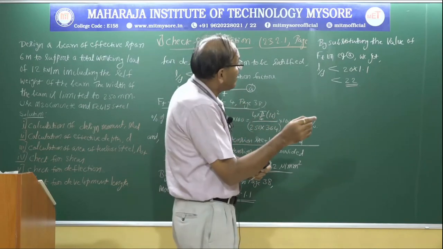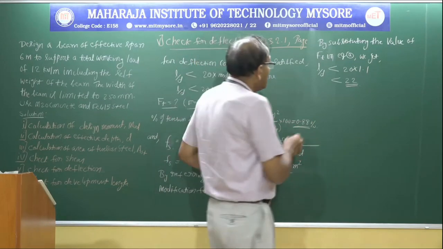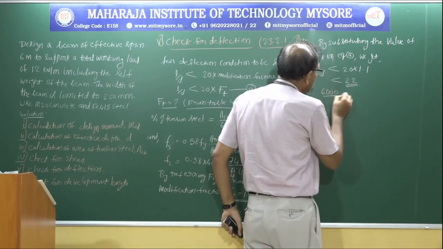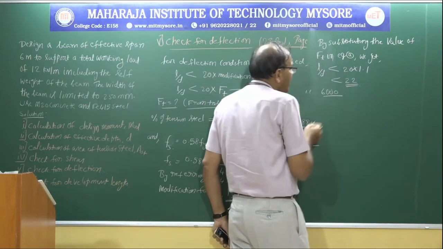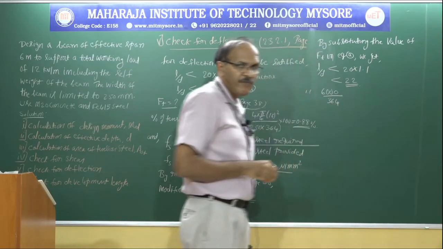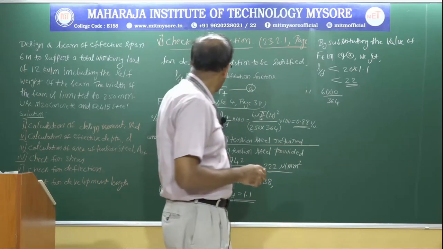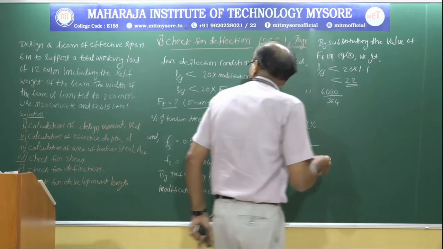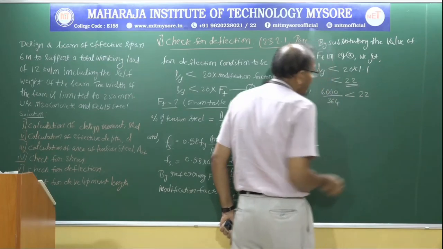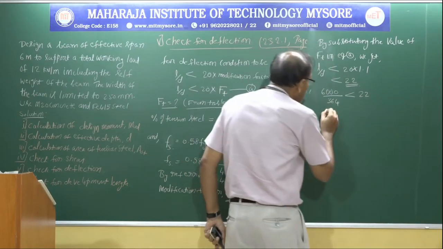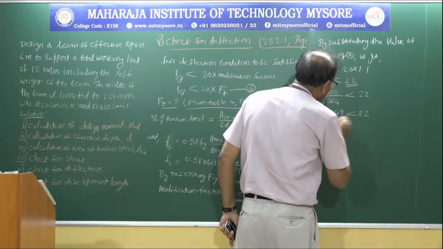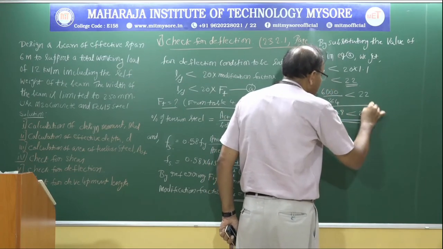So then what is L by D? L is the effective span divided by D, the effective depth, should be less than 22. That is equal to 16.48, which is less than 22. So this condition is satisfied.